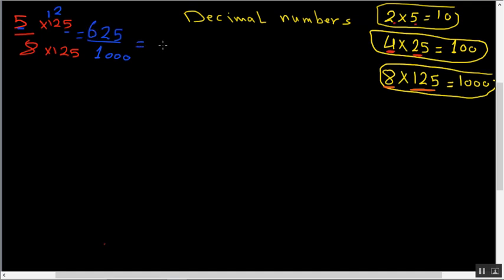So it equals 0.625. So 5 over 8 equals 0.625.